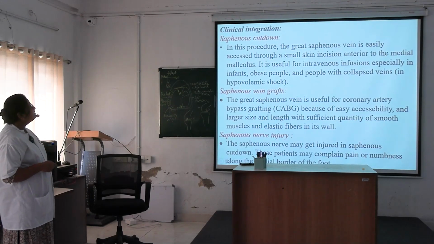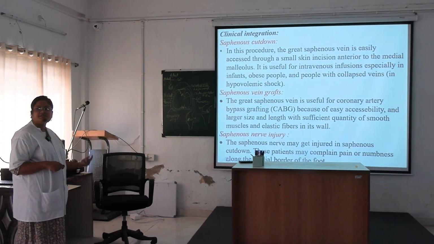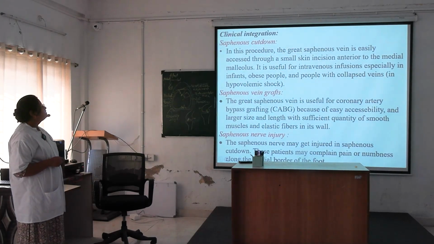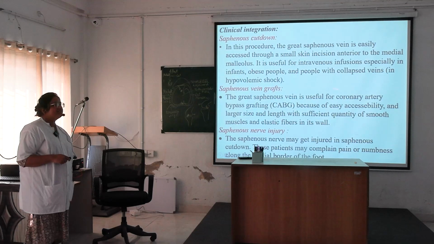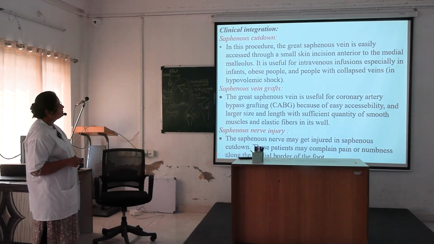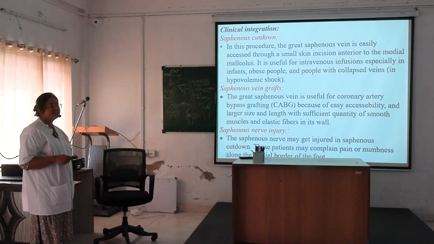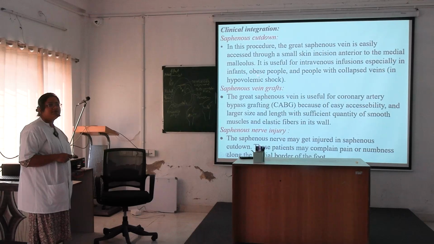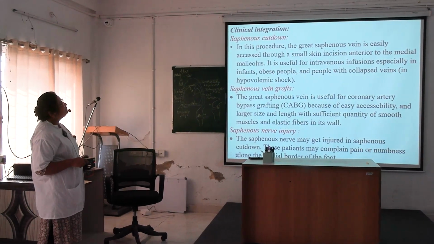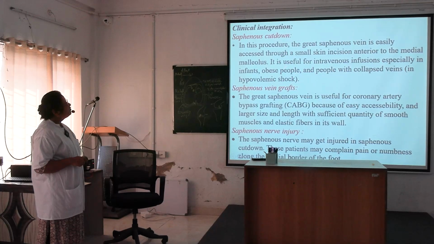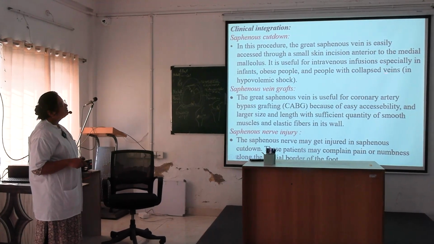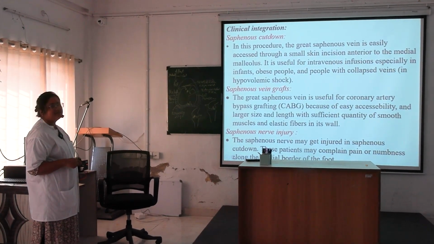So there is some clinical aspect regarding the saphenous veins. Saphenous cut down: in this procedure, the great saphenous vein is easily accessed through a small skin incision anterior to the medial malleolus, and it is useful for intravenous infusion, especially in infants, obese people, and people with collapsed vein in hypovolemic shock.